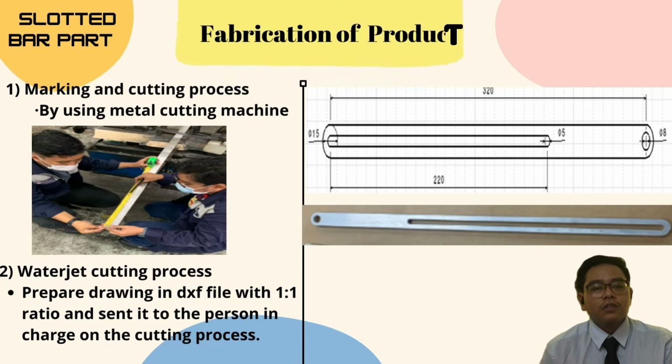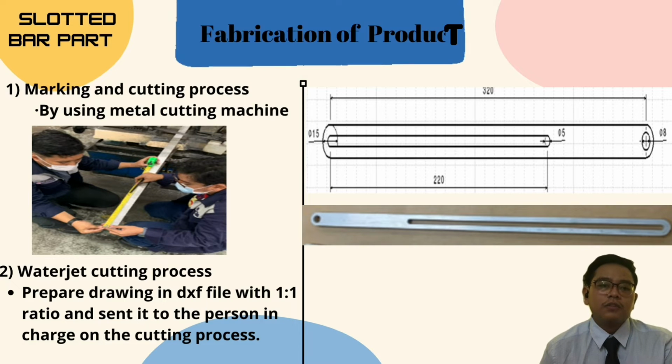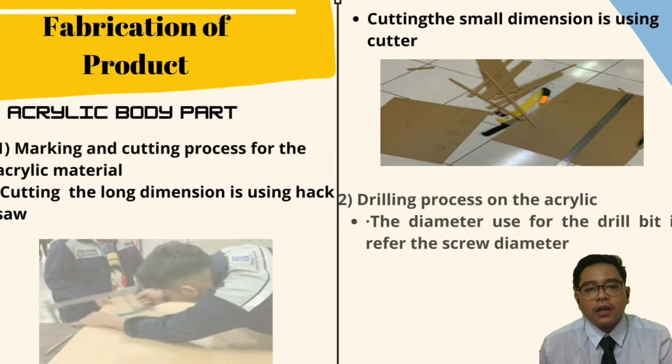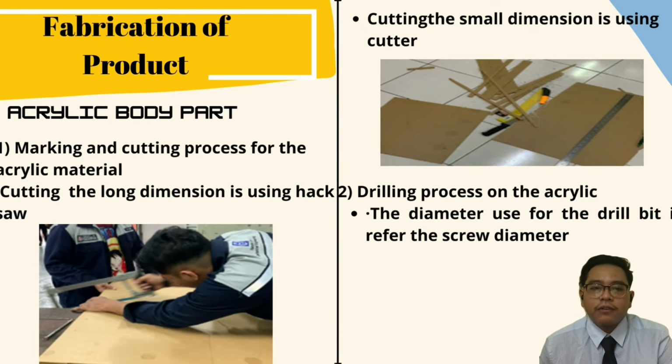The first product is the slotted bar part, and the first process is the marking and cutting process of the material, and the second one is the water jet cutting process following the one-to-one drawing. Next we go to the acrylic body part. The first process is marking and cutting the acrylic material using a hacksaw and also an acrylic cutter.